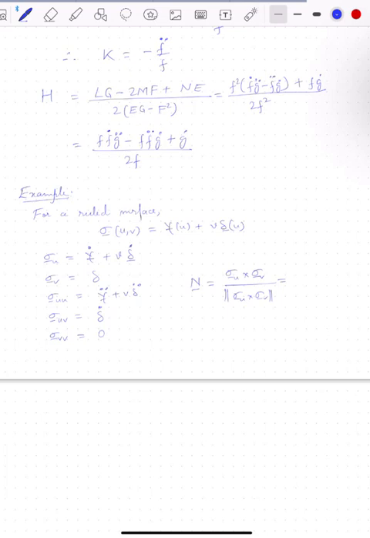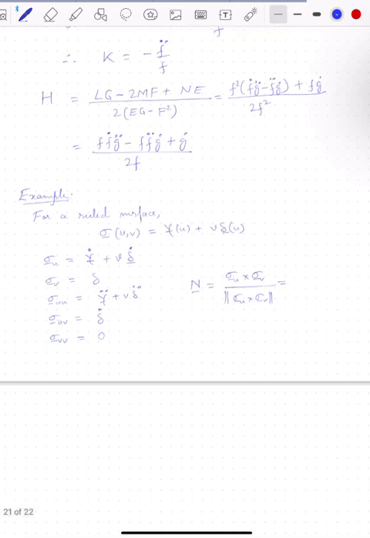There is nothing much to simplify here. Gamma dot cross delta, until we know the explicit expression, we can't do much. So let it be like this, right?